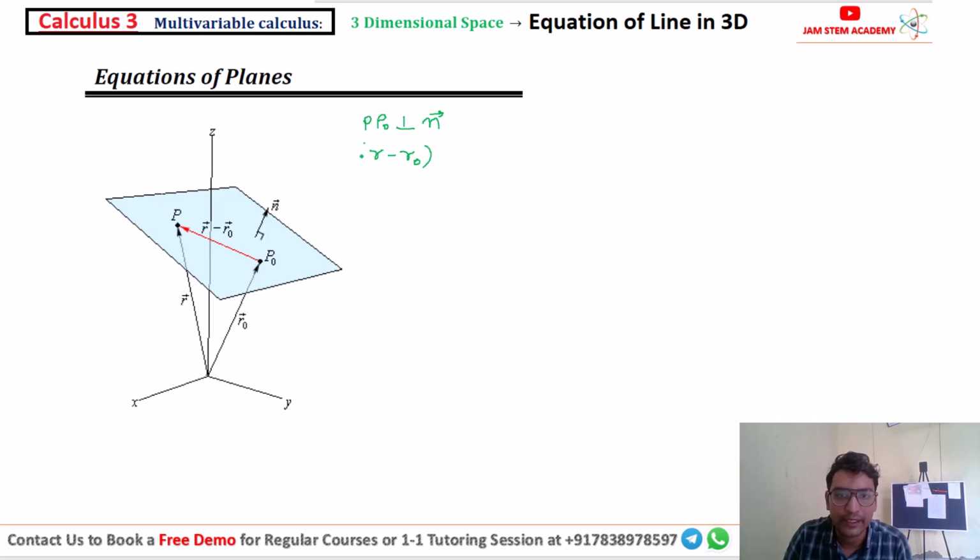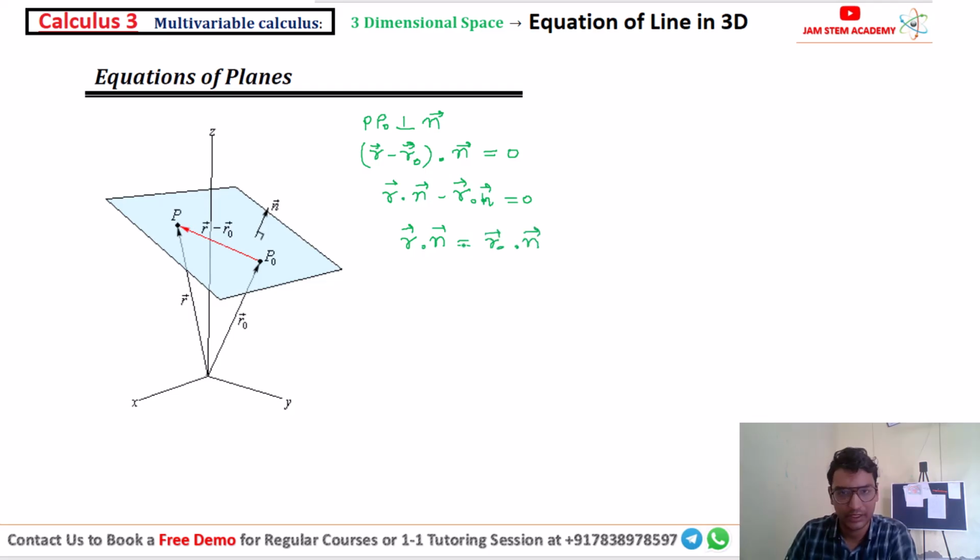It means r minus r naught having a dot product with n vector must be equal to 0, because if two vectors are perpendicular to each other, their dot product is 0. Hence, this is our equation of the plane. You can also write it as r dot n minus r naught dot n, or r dot n equals r naught dot n.